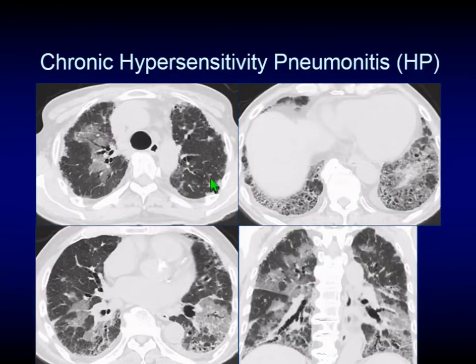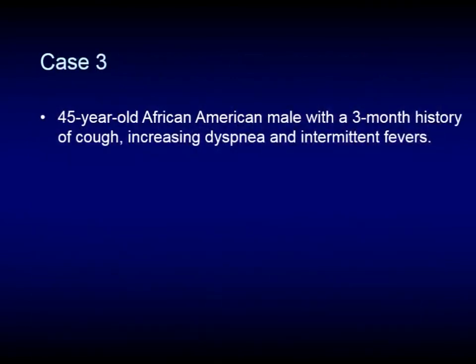So here we see just a different case. Again, we can see quite a bit of ground glass associated with this, admixed with areas of fibrosis and what turns out to be lobular sparing or mosaic attenuation due to air trapping.